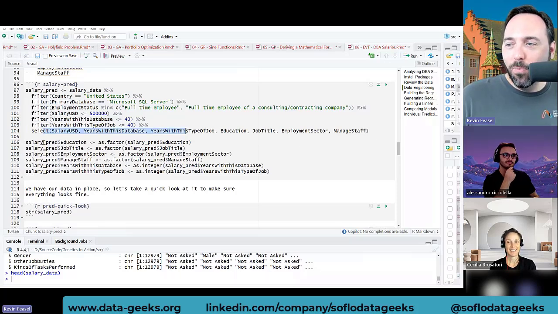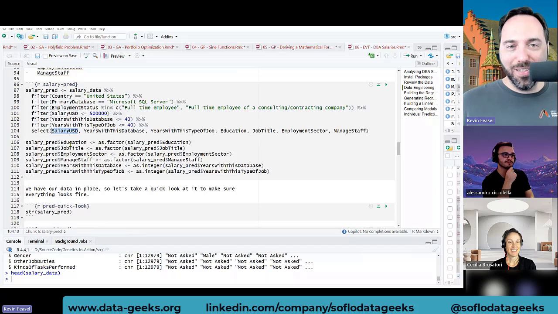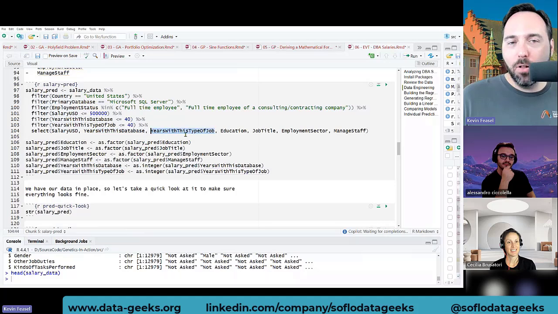And then we're selecting. What are we selecting? This is my salary. This is the thing that I want to understand, my label variable. And then I have my inputs. I believe that how long you've been working with SQL Server will matter. How long you've had a particular type of job will matter. Your education level, your job title, which could be a DBA, a data scientist, or an application developer.